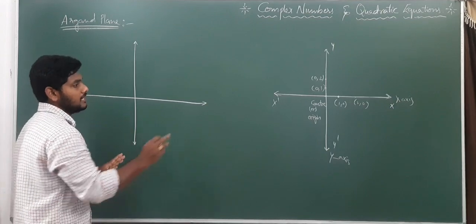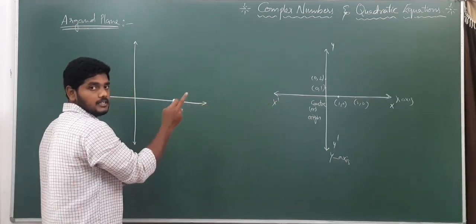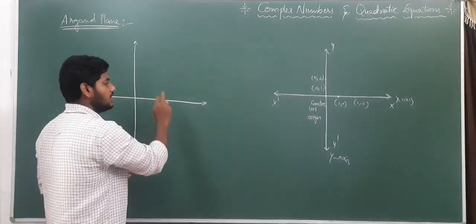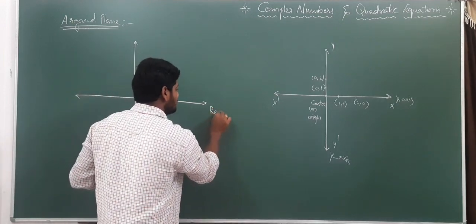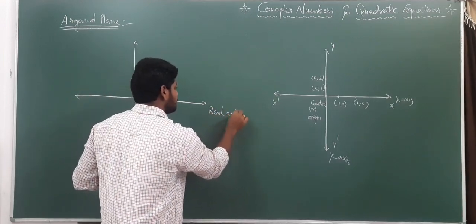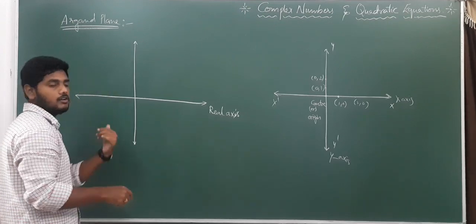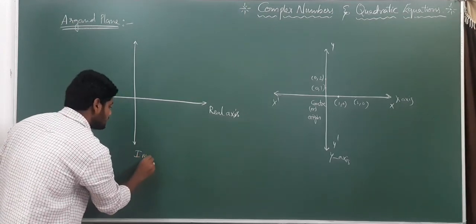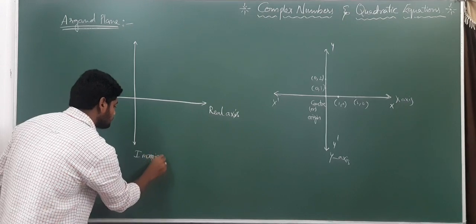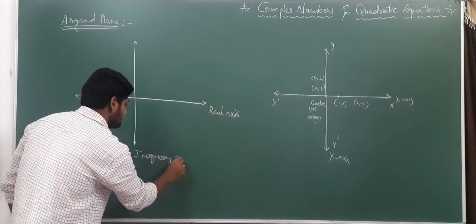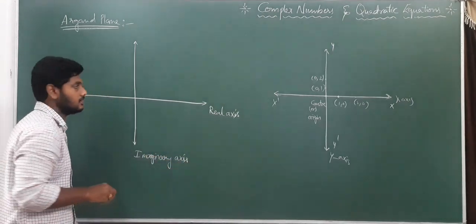In that Argand plane, the x-axis of the two-dimensional plane we will consider as the real axis. The y-axis of the two-dimensional plane will be called the imaginary axis in the Argand plane.